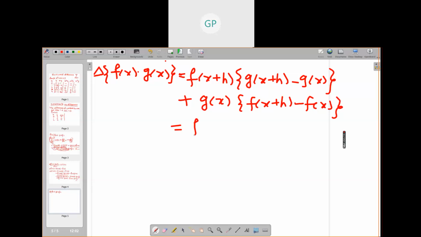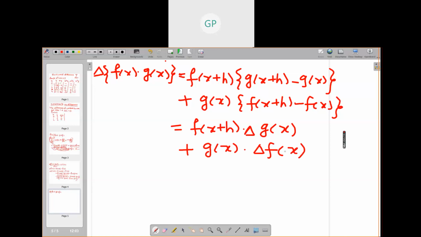And so this is equal to f of x plus h into delta g of x plus g of x into delta f of x. Got it? Yes, ma'am. So this is the formula. This works similar to the differential operator.